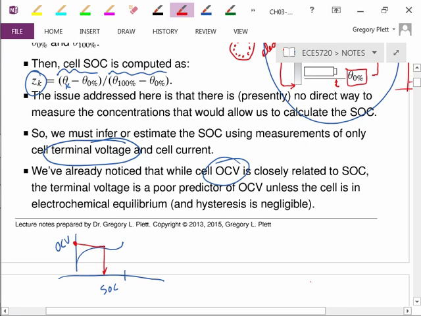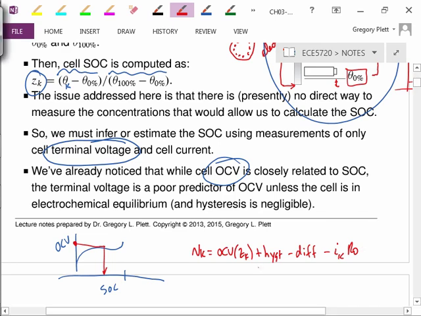However, the terminal voltage is different from the open circuit voltage. Terminal voltage, we've seen, looks like open circuit voltage as a function of state of charge, plus hysteresis, minus diffusion voltages, minus i_k times R0 in our equivalent circuit model.